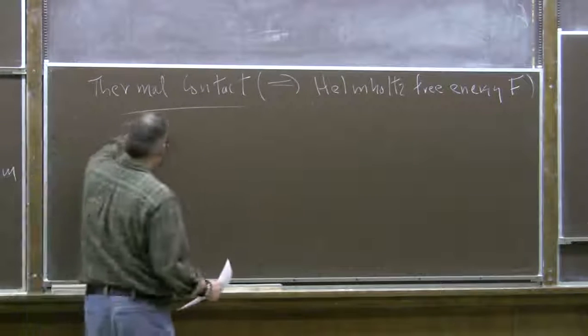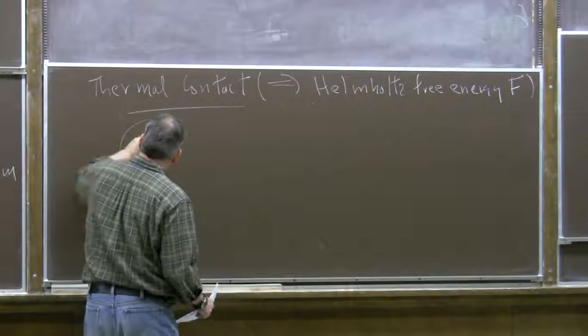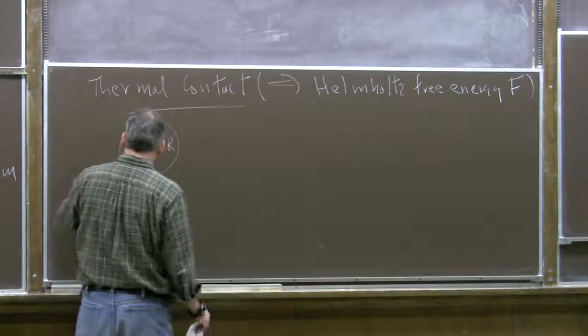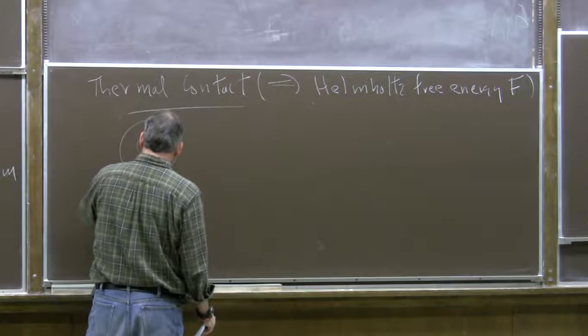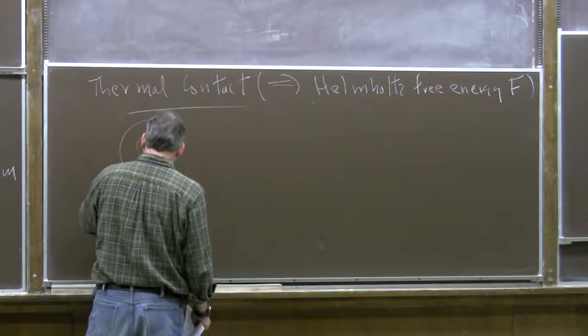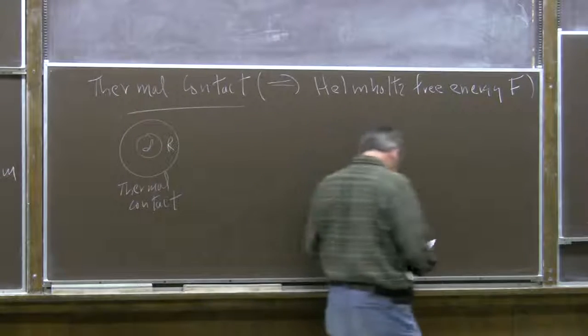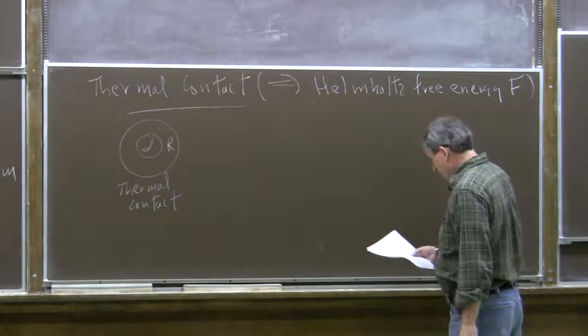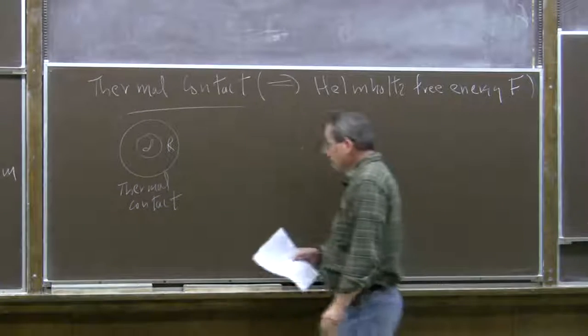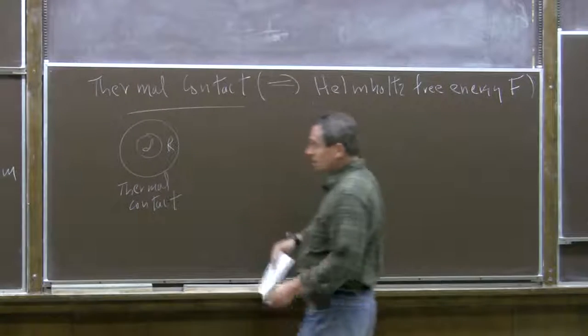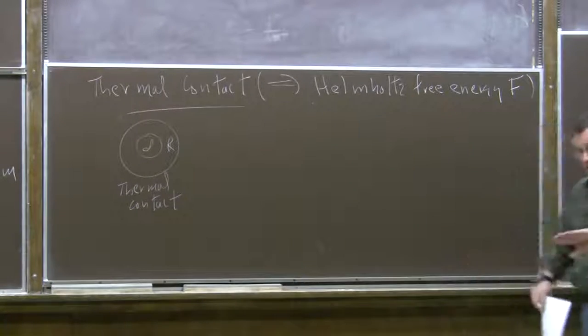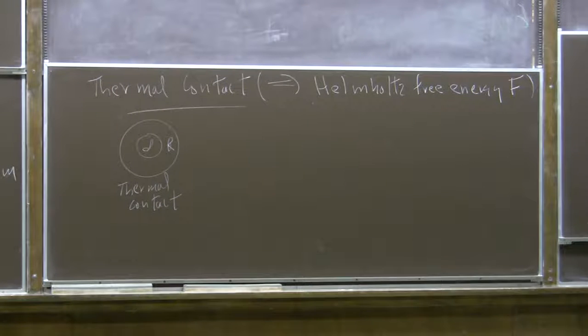So if we have a system in thermal contact with a reservoir which has a fixed temperature, then the Helmholtz free energy is a useful quantity because it tells us, when the Helmholtz free energy changes, how much useful work the system can do.